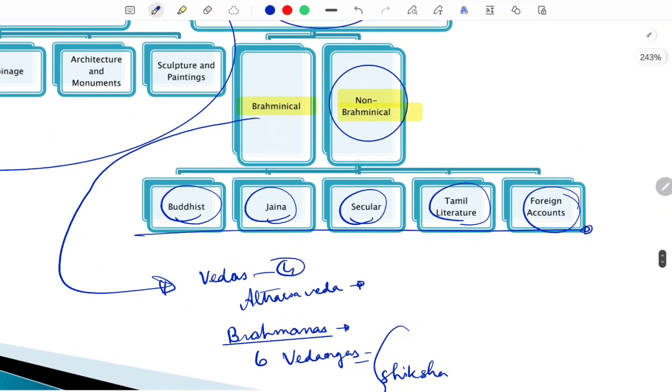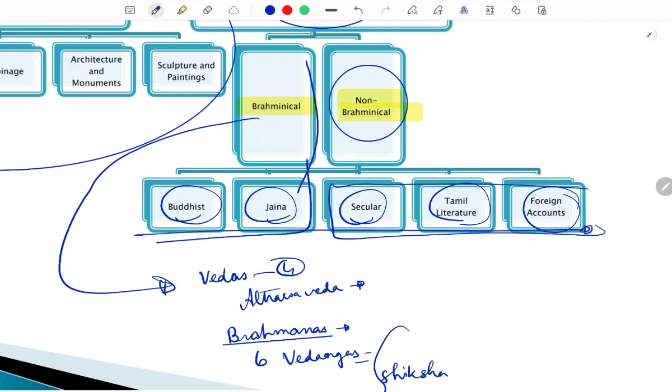So this was my own classification. You can also classify it into religious and non-religious. In the religious, Buddhist, Jaina and Brahminical will come, and in the non-religious, the secular, Tamil and foreign accounts will come.